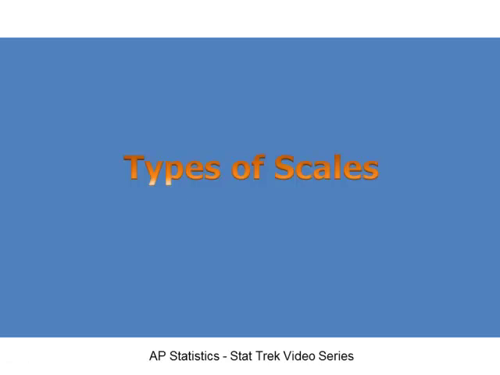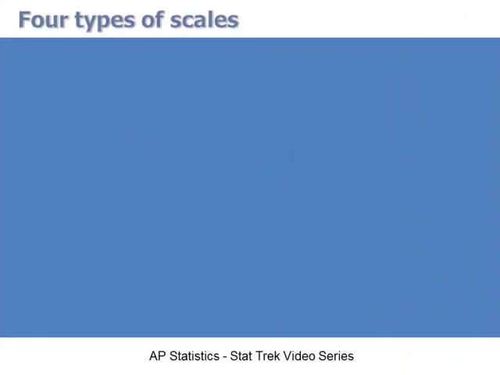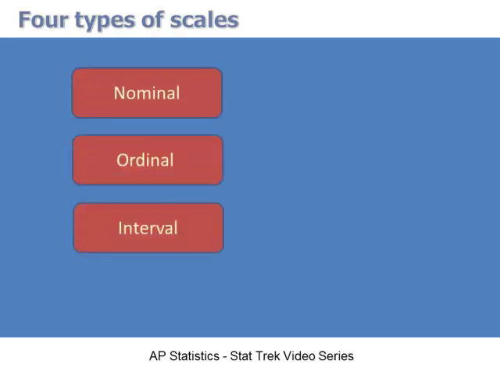In statistics, many analytical techniques work with some measurement scales, but not with others. So to use these techniques correctly, you need to be able to identify the type of scale you're working with. In this tutorial, you will work with four types of measurement scales: nominal scales, ordinal scales, interval scales, and ratio scales.